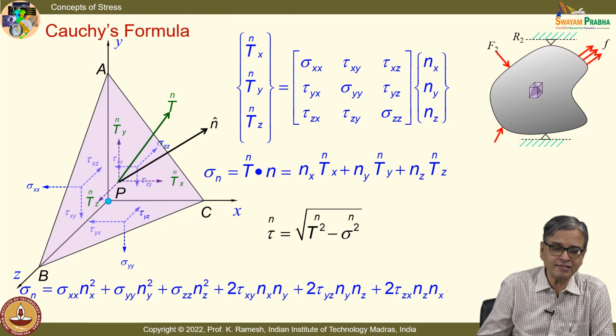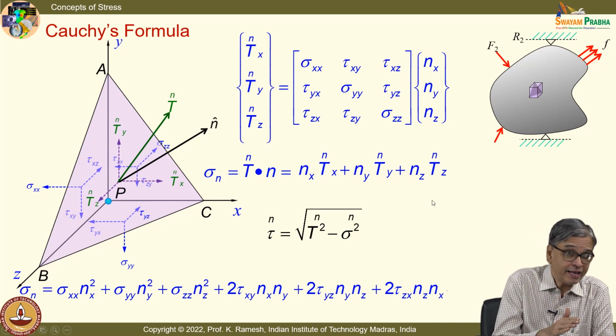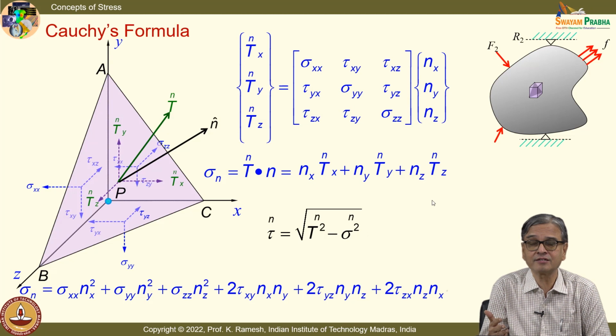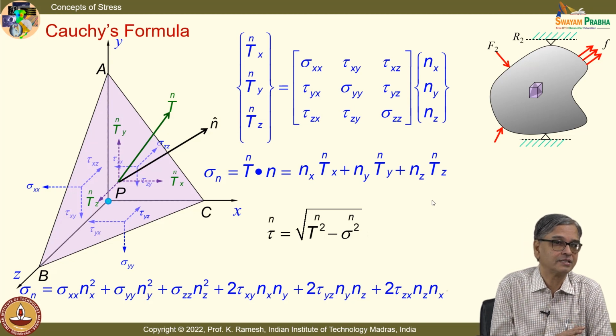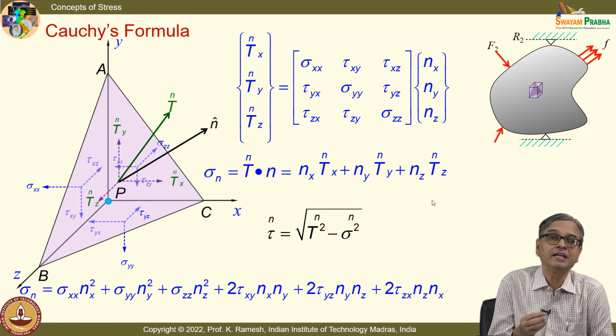At a point of interest, you will know the stress tensor, and for any given arbitrary plane, you would be in a position to find out the stress vector. Once you find out the stress vector on that plane, you can find out the normal stress or the shear stress. You can also have a class of problems wherein I want to find out the orientation of the plane.